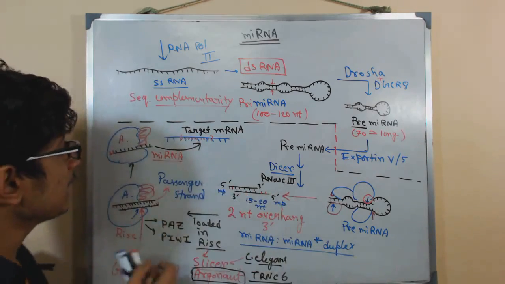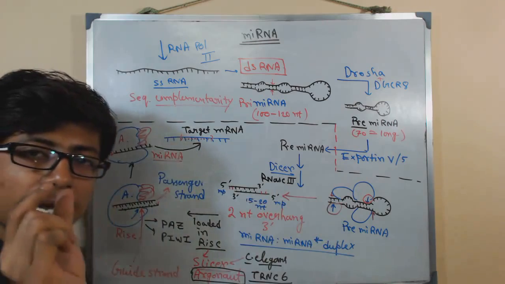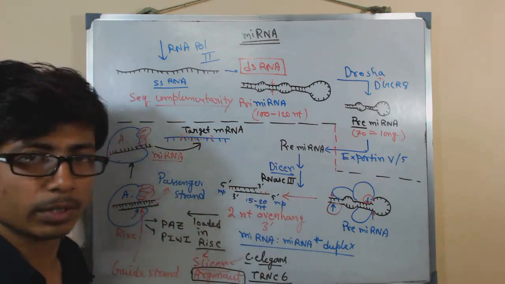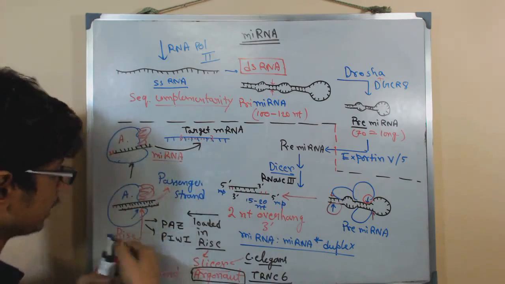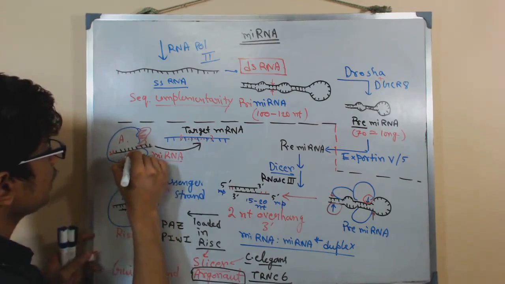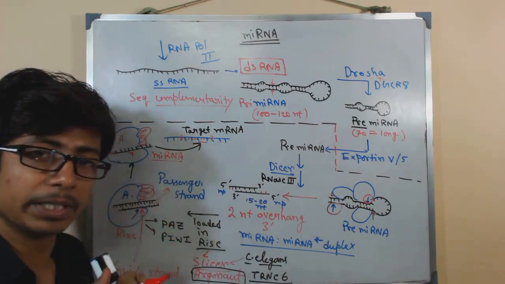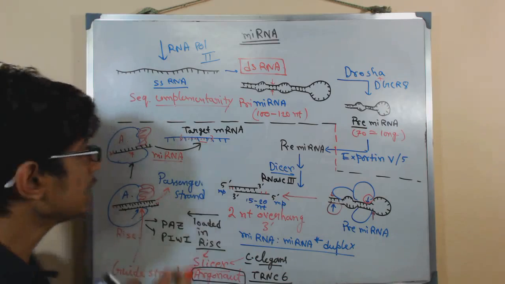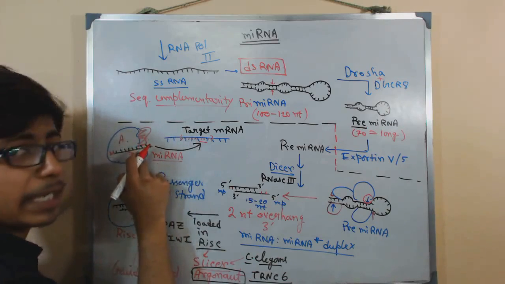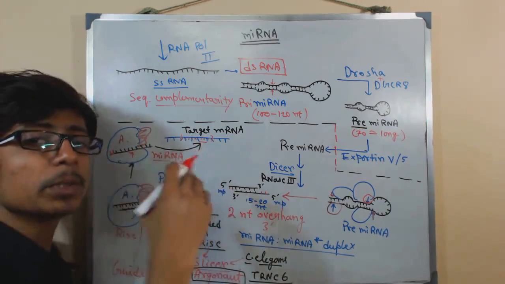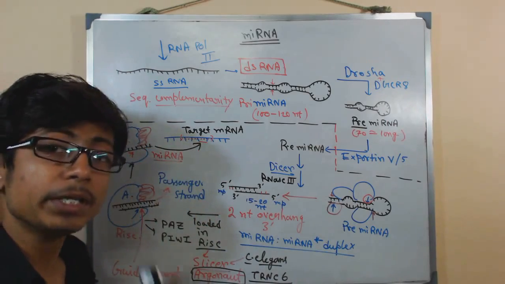So for that reason, they will first find nucleotide complementarity of say 2 to 3 nucleotides. Let's say these 3 nucleotides here have complementarity with these 3 nucleotides. So the miRNA will bind with the target with only 3 to 4 nucleotide complementarity at first.